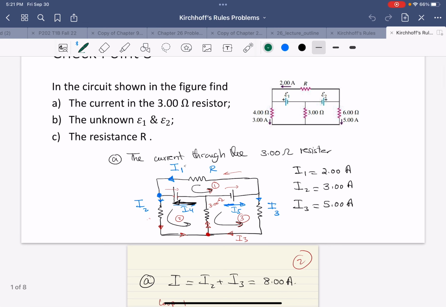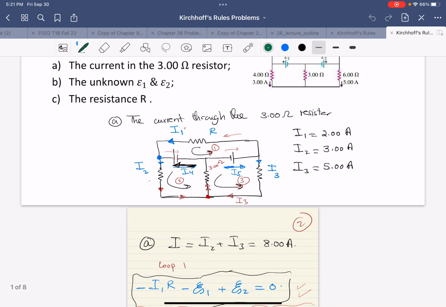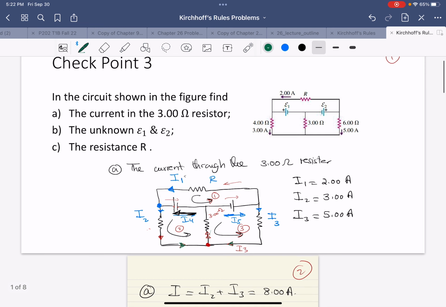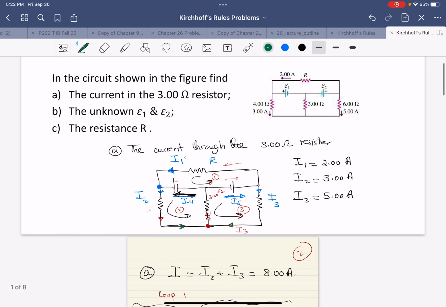Now if you look at the junction rule, you are going to find that I can say here that I is the current that includes I2 and I3. When it comes here, the current in the 3 ohm resistor, I3 is going to continue here and I2 as well, and both of them add up to 8 amperes.